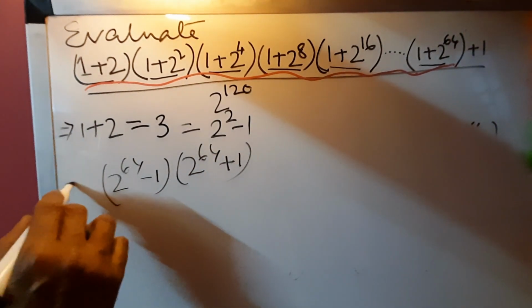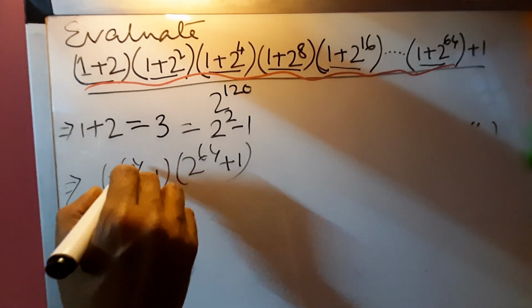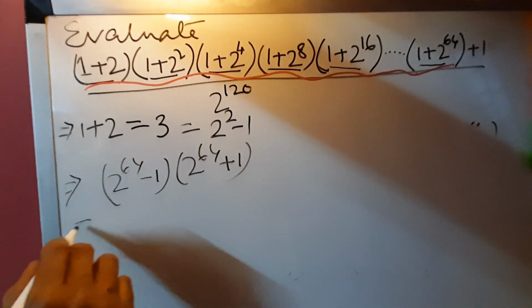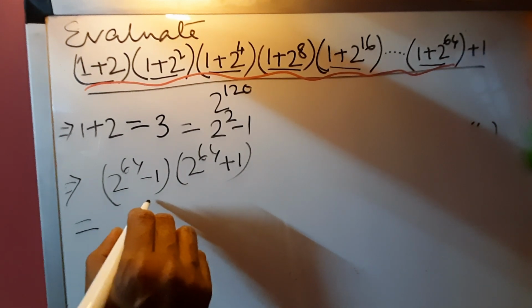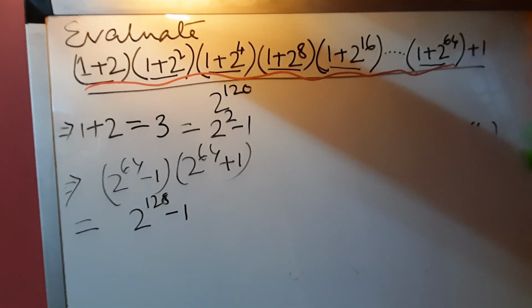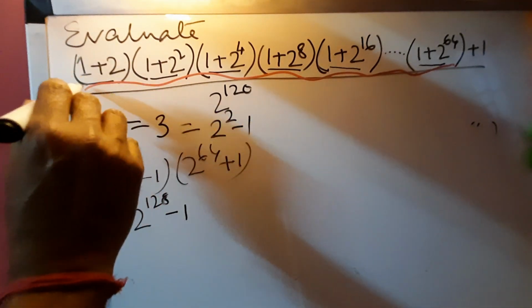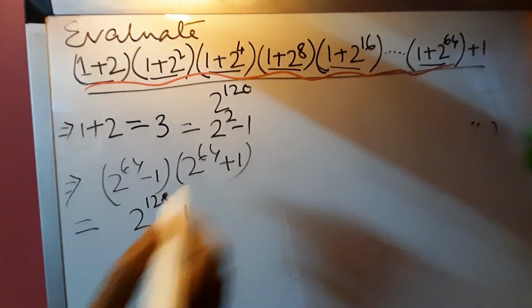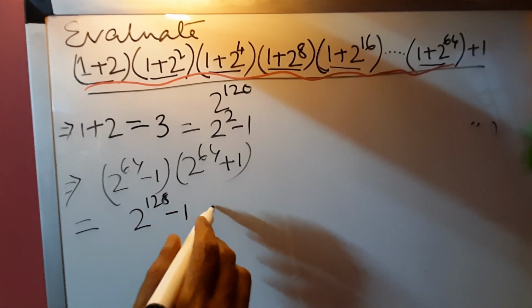So the first expression will become 2 to the power 64 minus 1 into 2 to the power 64 plus 1, that means 2 to the power 128 minus 1. So after simplifying, the first part will become 2 to the power 128 minus 1.